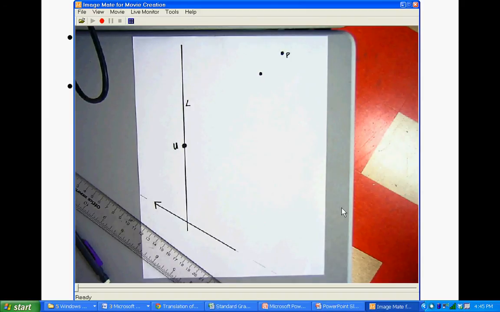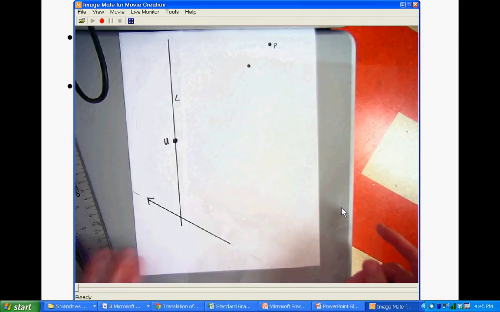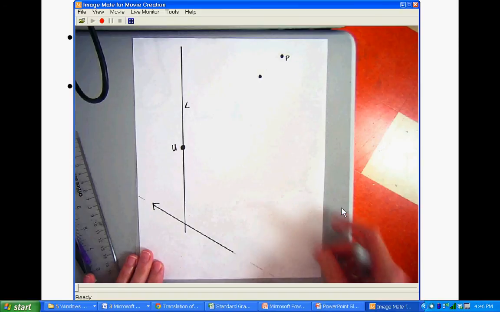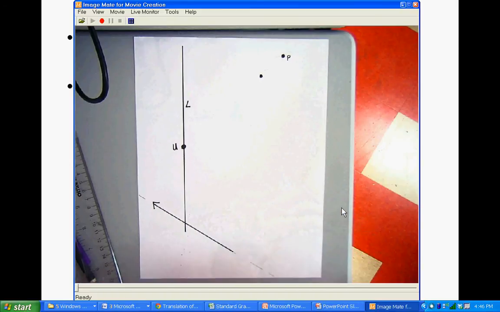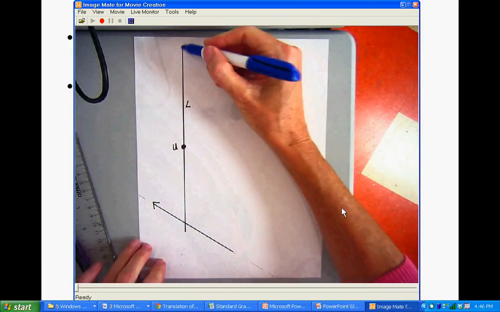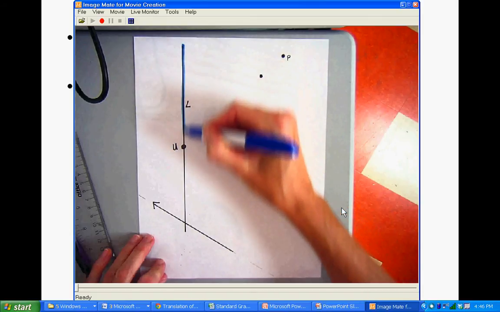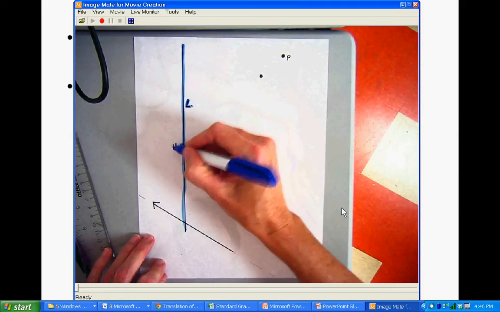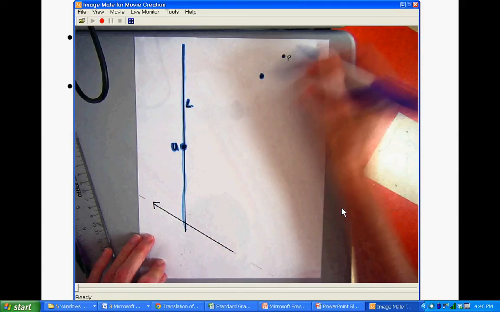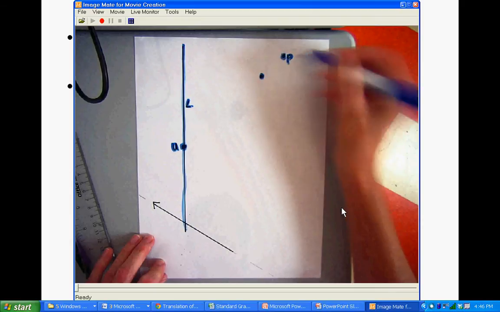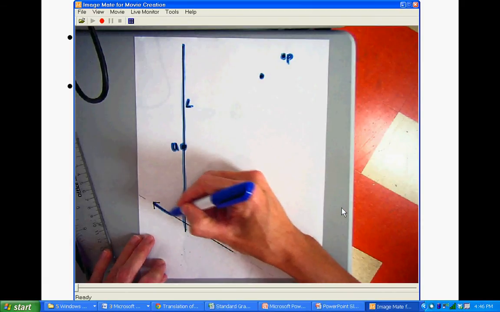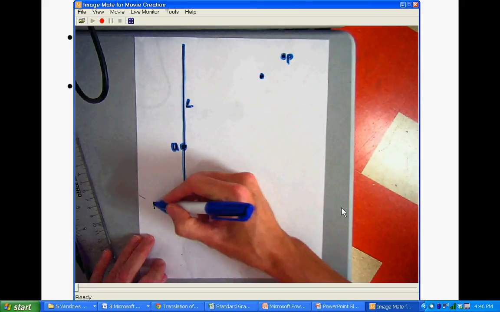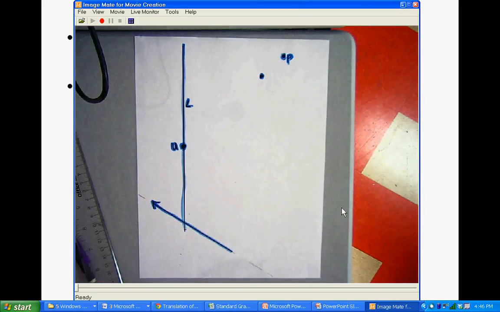So what I'm going to need to do is copy this, and I don't have red, but I do have blue. So I'm going to take my transparency, put it exactly over my paper, and I'm going to go about copying all of these. So I'm just going to draw over this. Okay, and right over my dots, and here's my vector, and it's all in blue.